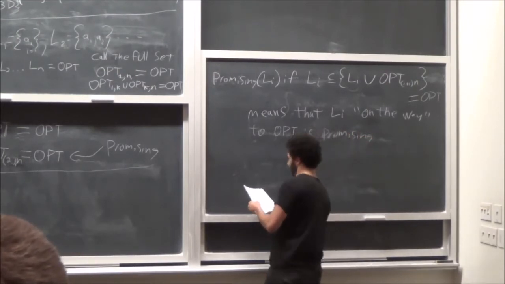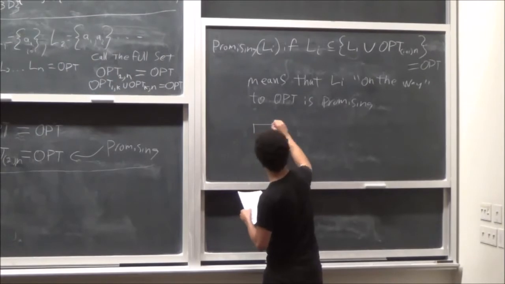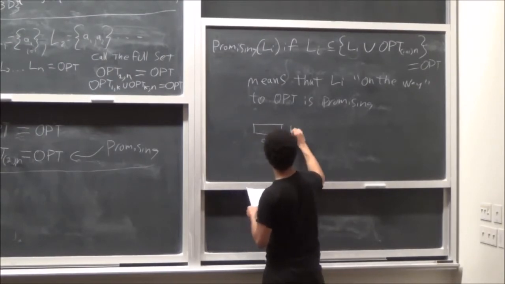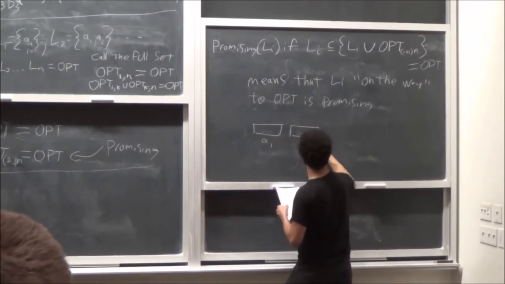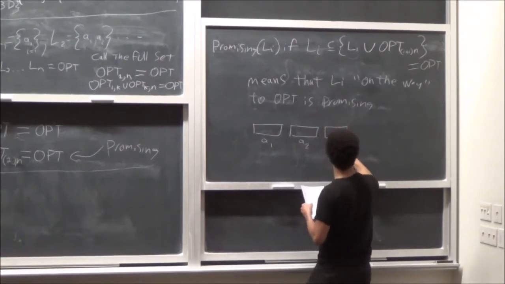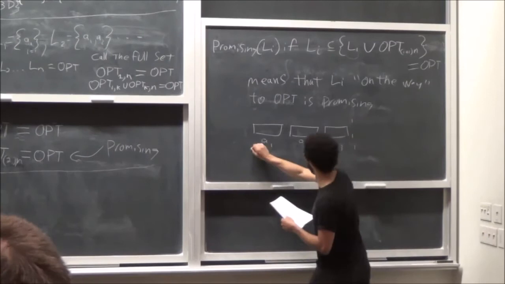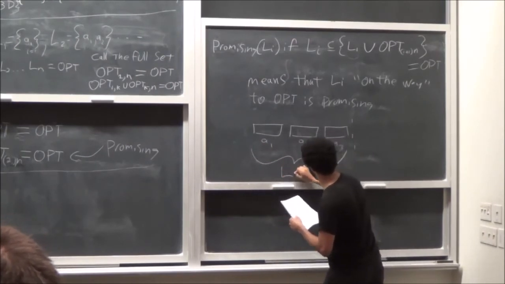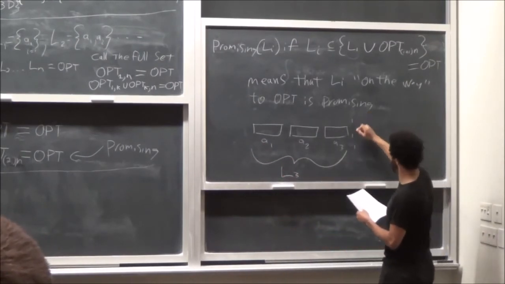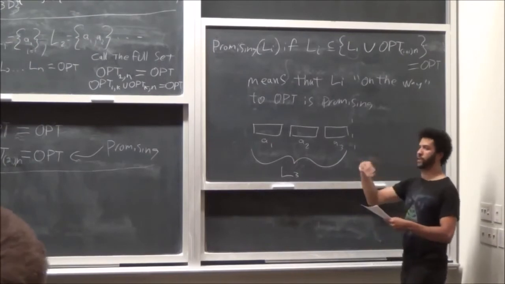A specific example might be if we have A1, A2, A3, and this can be our L3. At this point, we have a kind of fuzzy future.